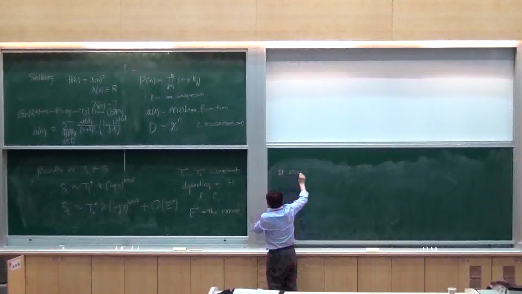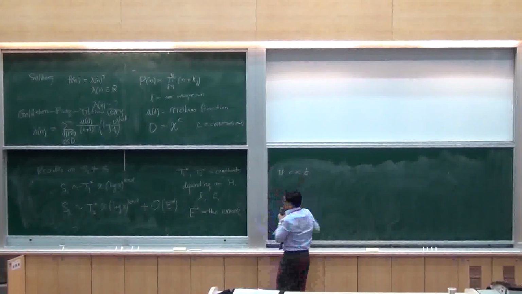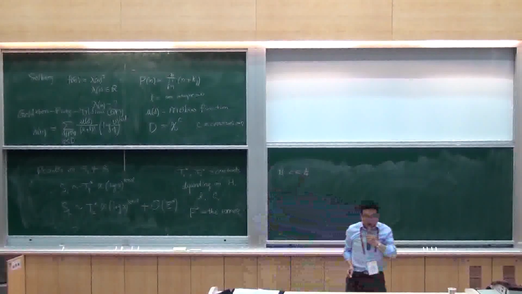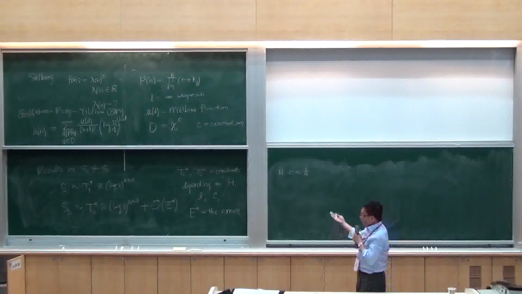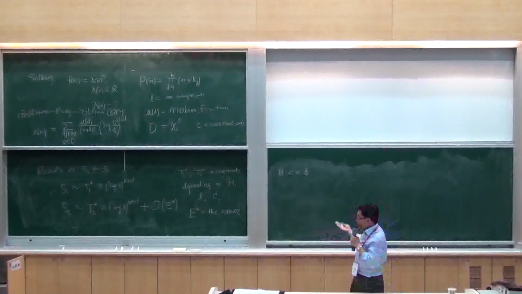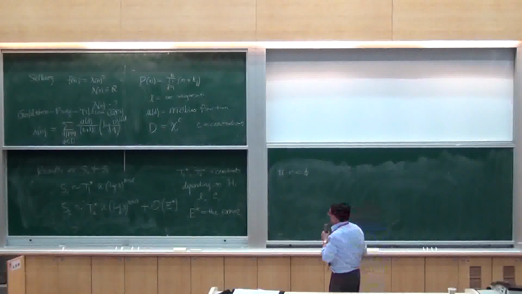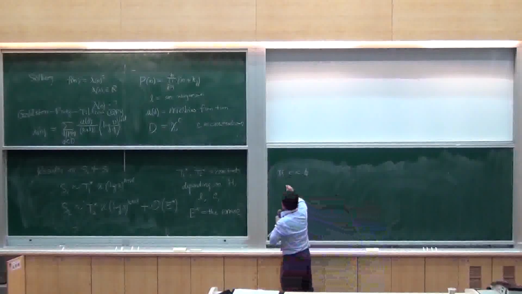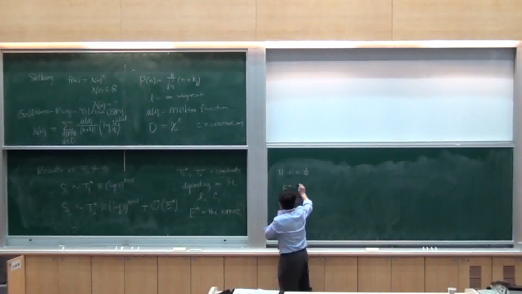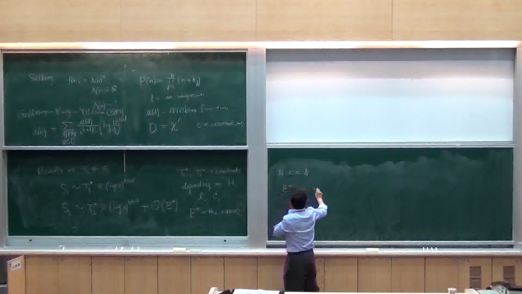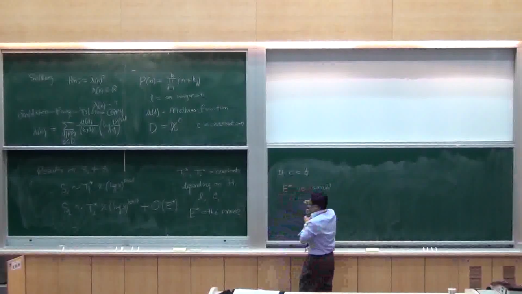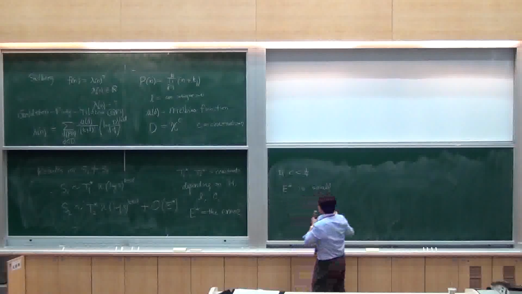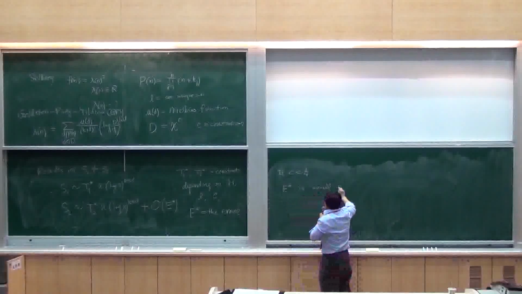If c is less than 1/4, then in this situation the error term can be efficiently bounded. It is small in comparison with the major term.